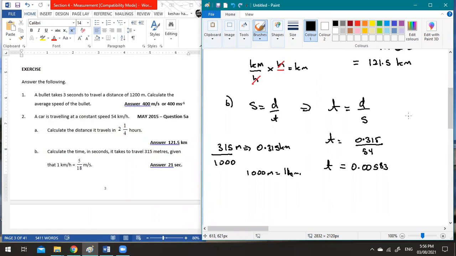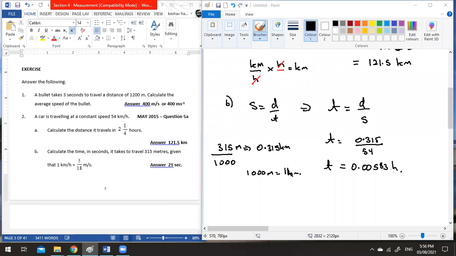And I want to multiply by 5/18. This is the time it will take in hours.